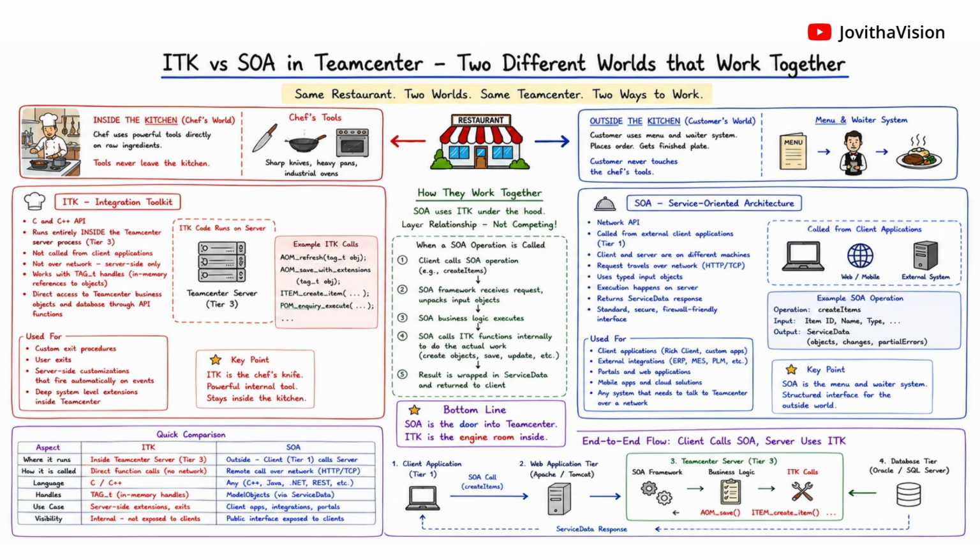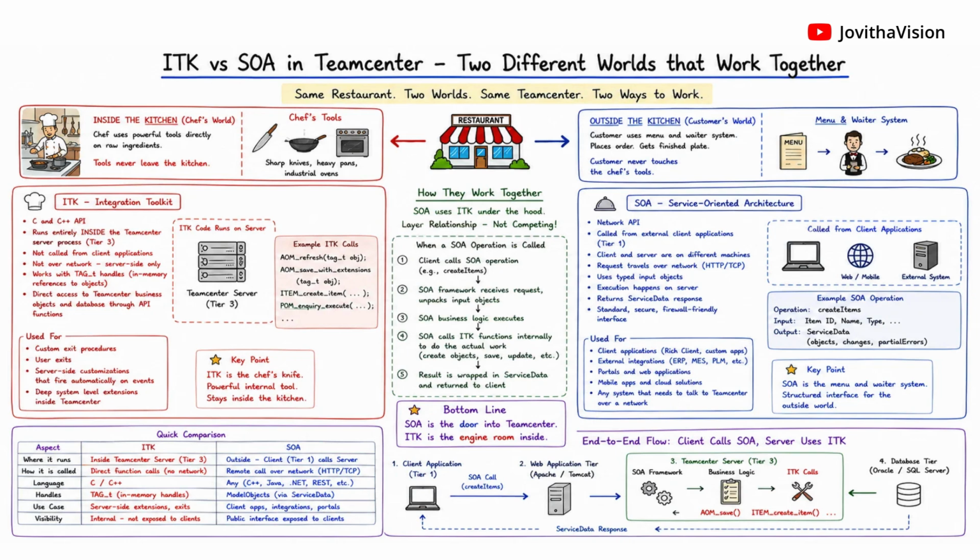SOA operations receive typed input objects, execute business logic on the server, which internally calls ITK, and return a service data response back to the client. SOA is used for building client applications, external integrations, portals, mobile apps, and any system that needs to talk with Teamcenter over a network.